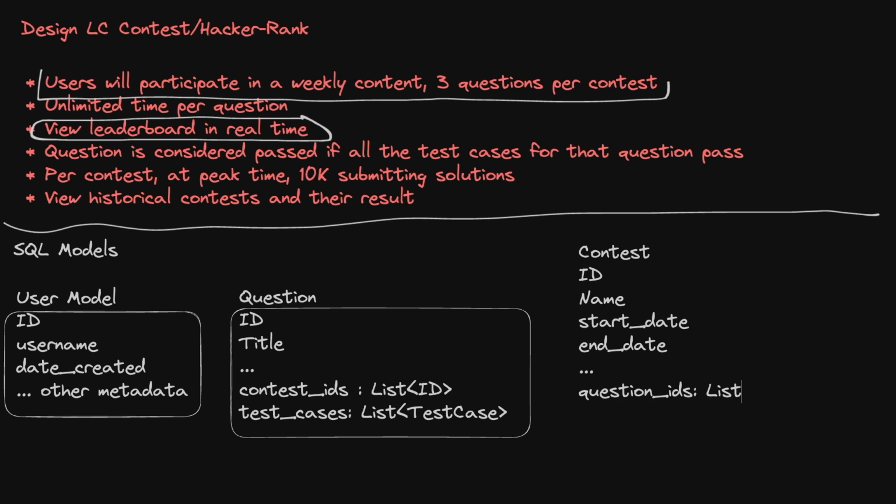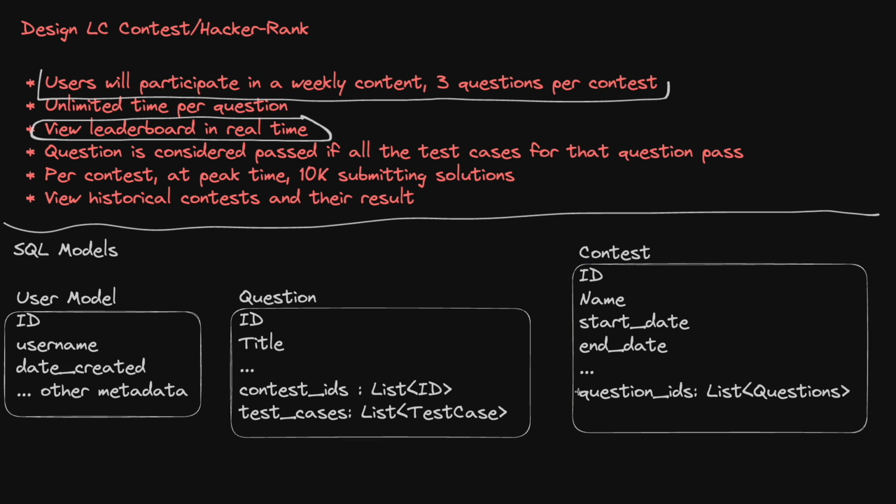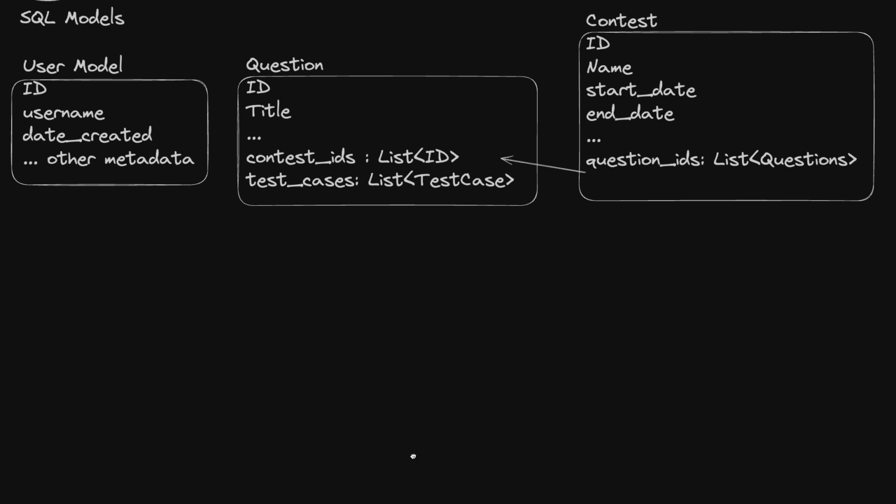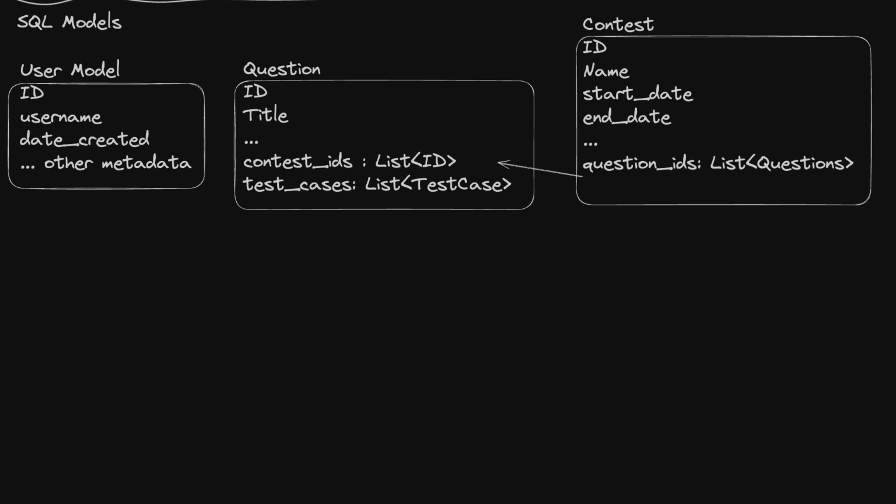Obviously, this is going to be a list of questions, and these are the questions for that particular contest, and there should be 3 of them. So this would point to you join here on some sort of ID.